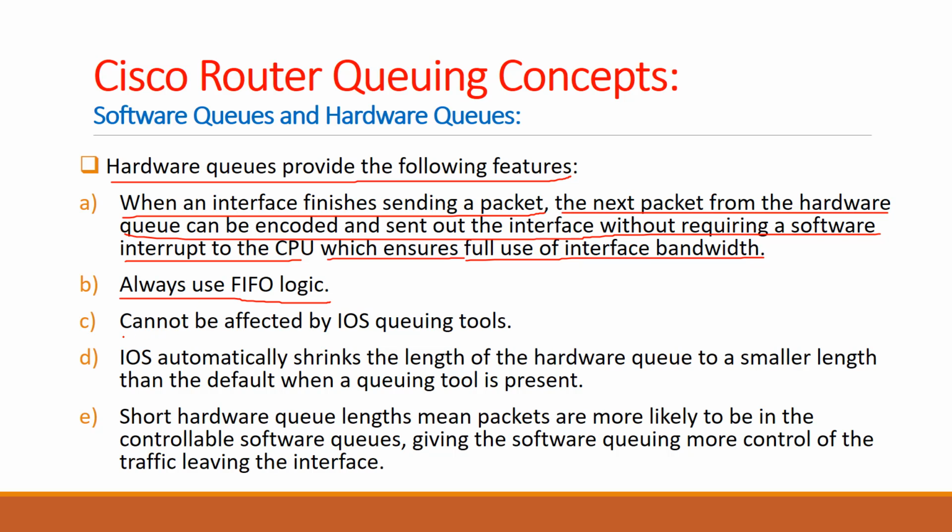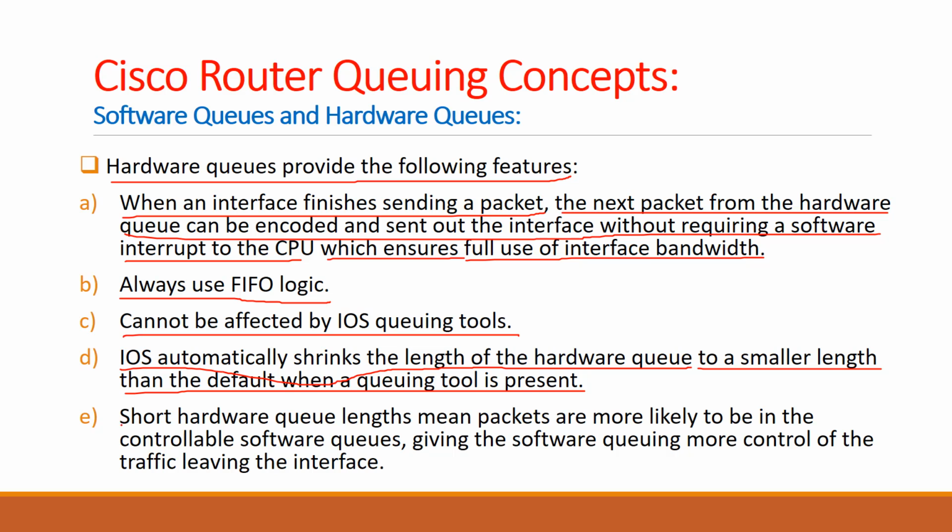The third feature is that it cannot be affected by IOS queuing tools, as mentioned in the previous slide. The hardware queue is not affected by any queuing tools, only the software queues. The fourth feature is that IOS automatically shrinks the length of the hardware queue to a smaller length than the default when a queuing tool is present.